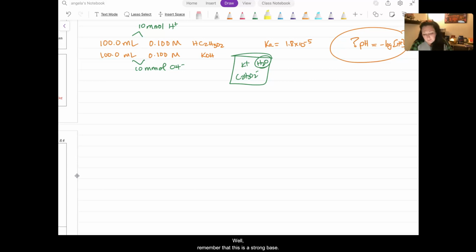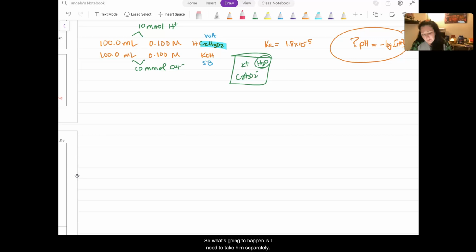Well, remember that this is a strong base, this is a weak acid, and so what that means is that this is a strong conjugate. The K plus is a weak conjugate. We don't care about the K, we don't care about weak. Strong wins. So I need to focus on this acetate. That's going to be my key.